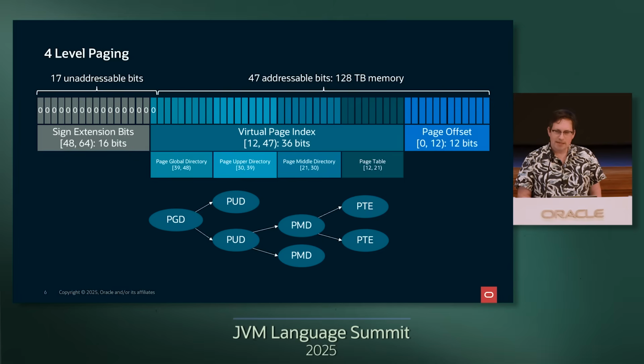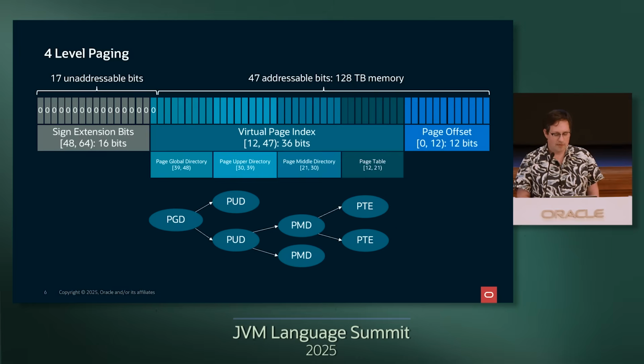These virtual page indices are composed of multiple levels of paging. If you have 4 levels of paging, which is quite common, there's a tree inside of the kernel to look up which physical page to use for a particular address. These trees correspond to the 4 different levels of paging.